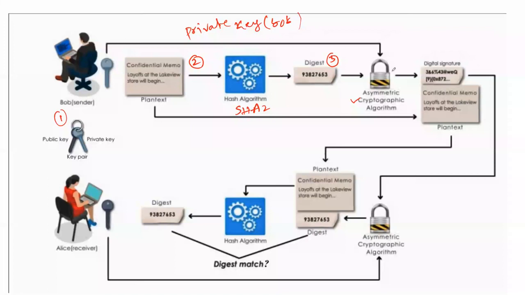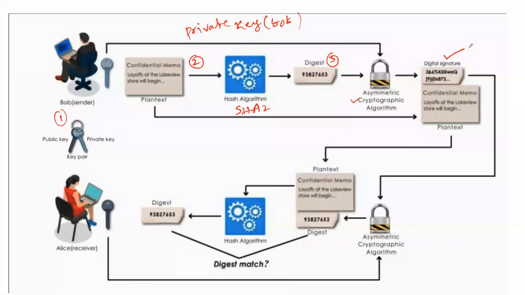So the private key and the digest are given as input to the asymmetric algorithm. Which part of the sender's message is encrypted? Only the digest. Once it is encrypted, the digest encrypted by the private key of the sender, we call that a digital signature.